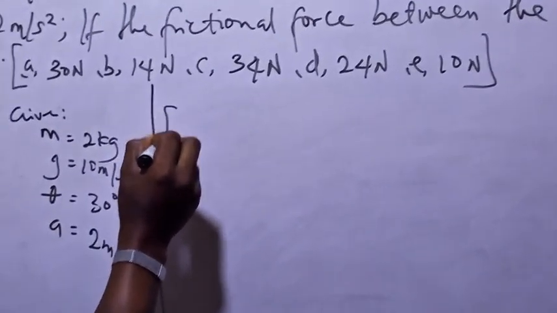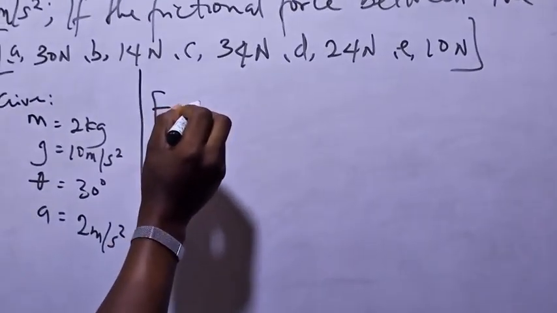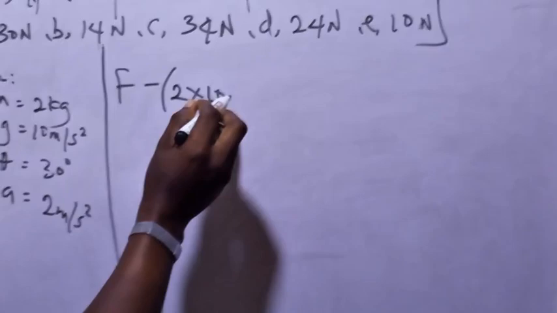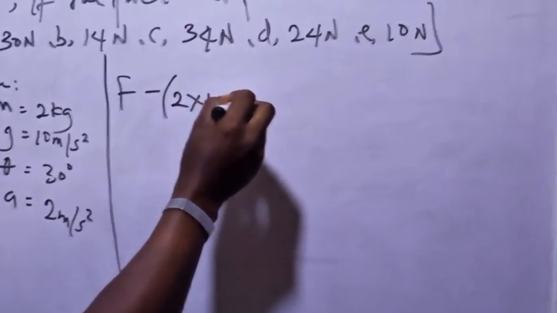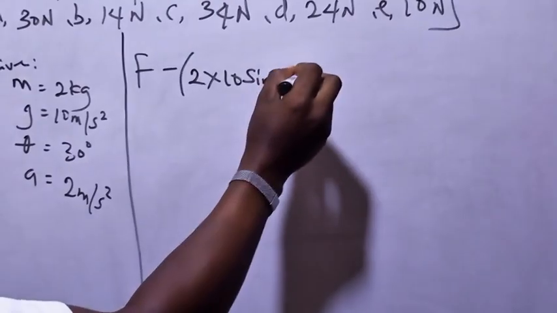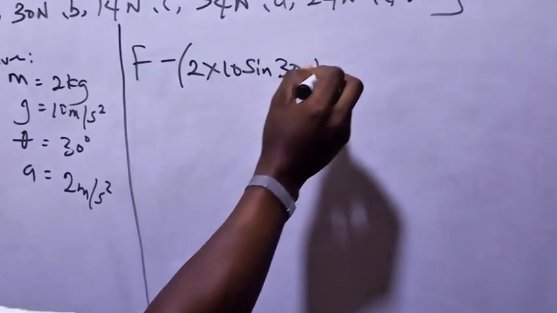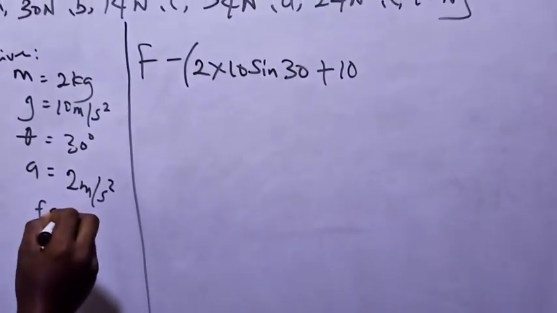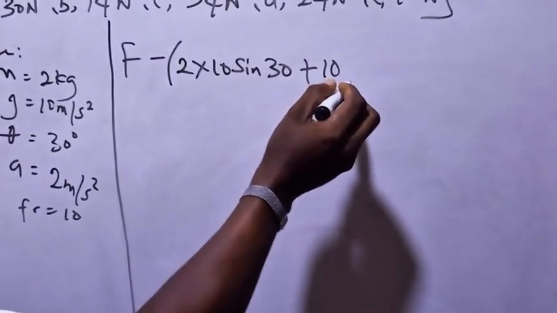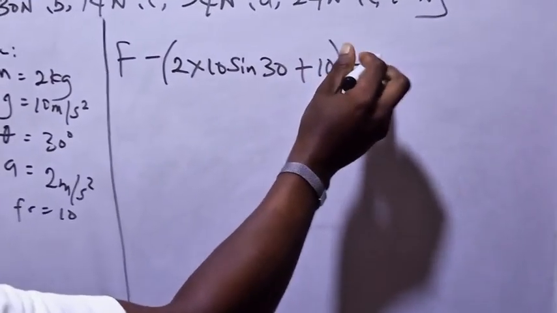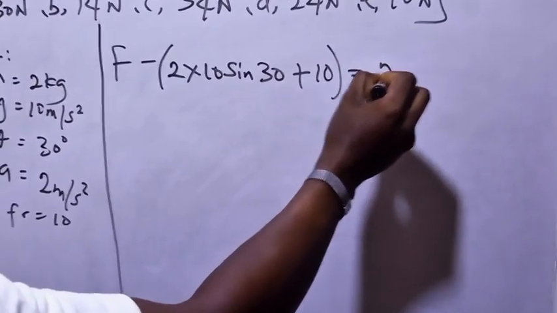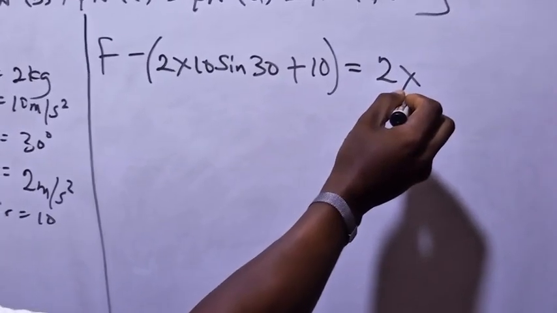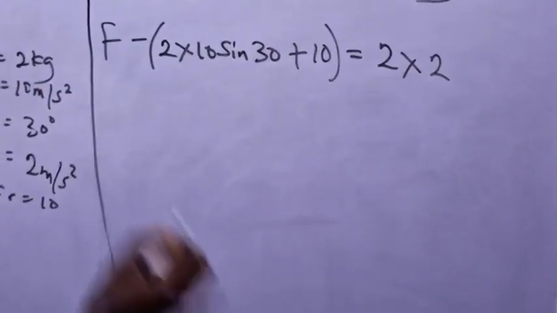Having that, we now have the force minus the mass, which is 2, times 10 sine 30, plus the frictional force, which is 10, equals the mass, which is 2, times acceleration, which is also 2.